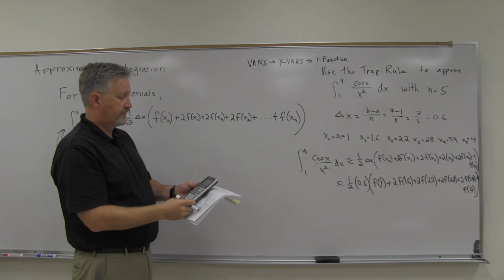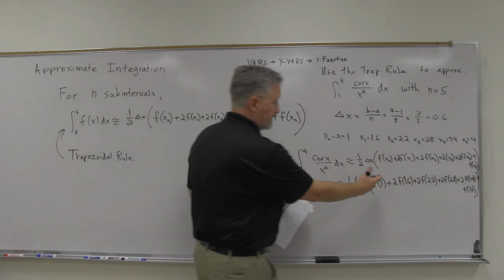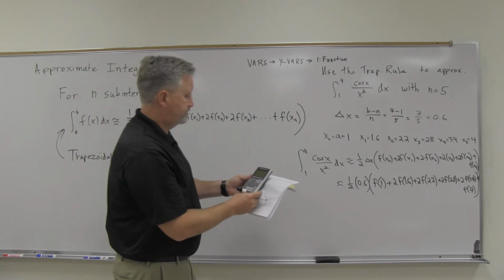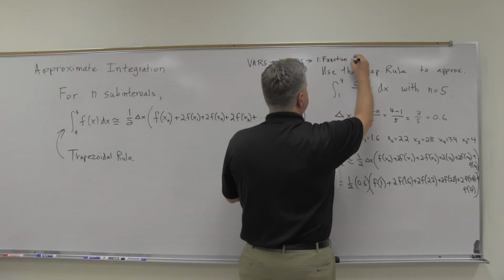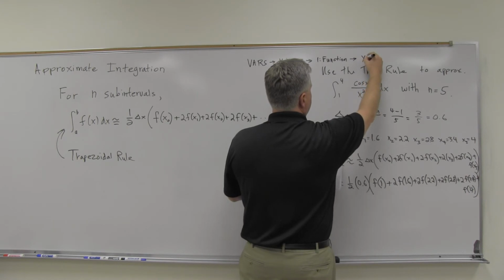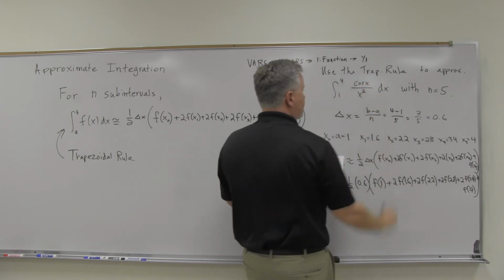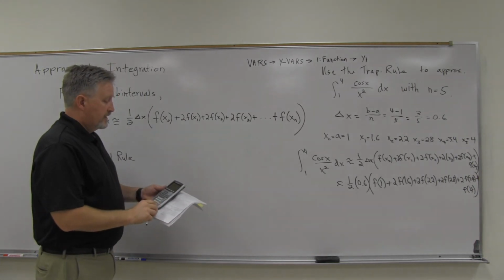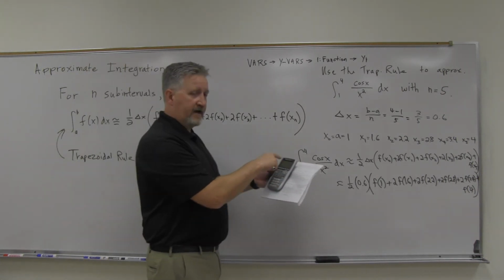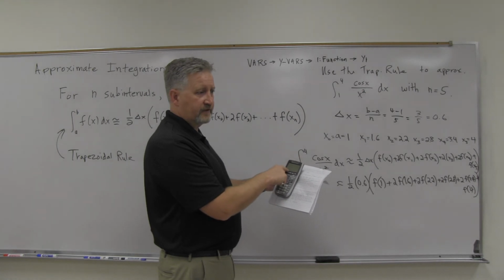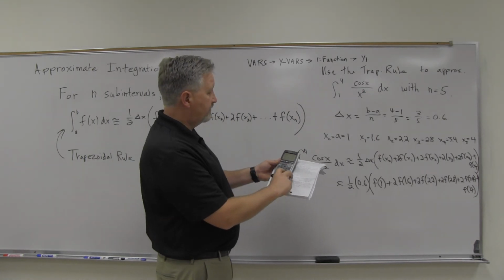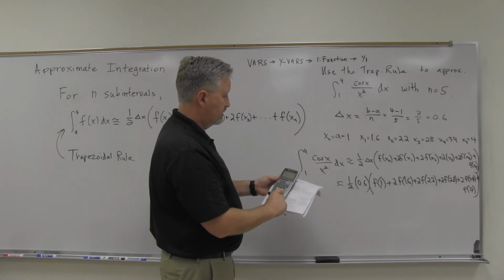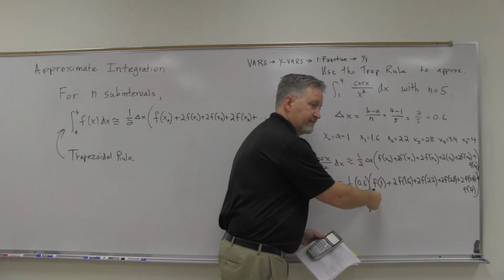I put mine in for y1, and so if I hit that y1, whichever one you put your function under, the cosine x over x squared, it puts it back on the calculate screen. And if you then do parentheses 1, it'll calculate that for you.